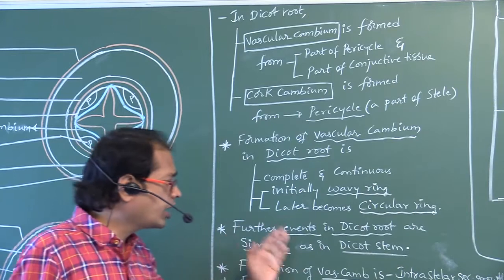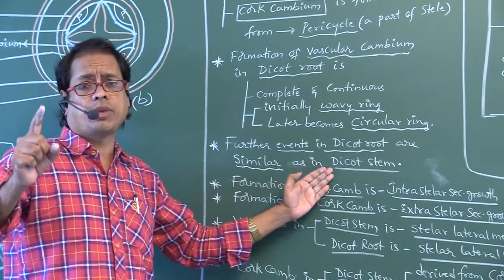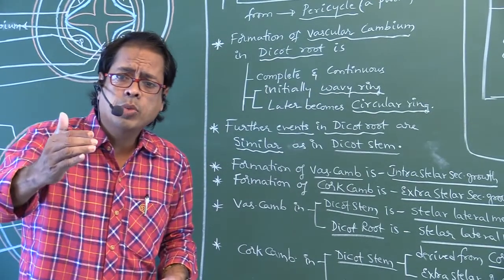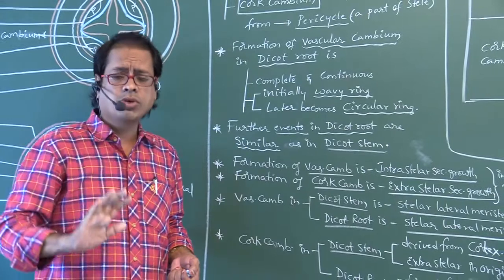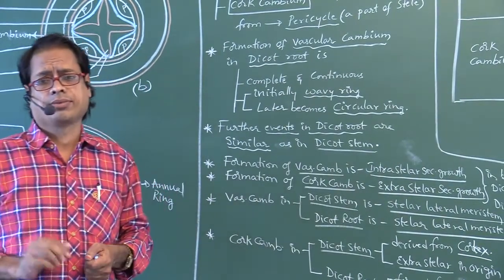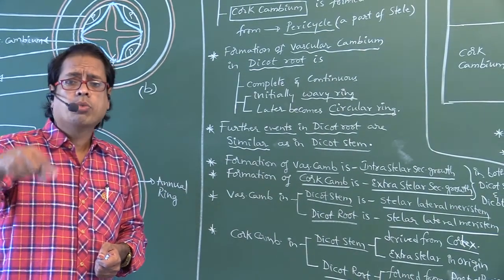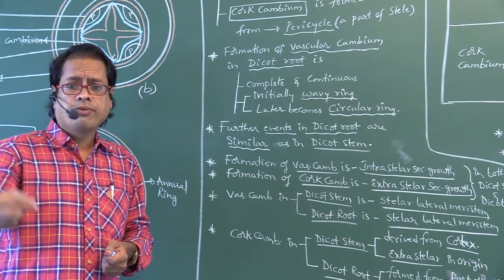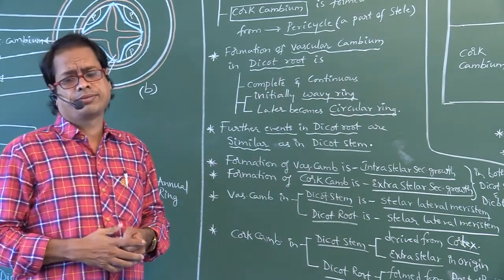Next, further events in dicot root are similar to dicot stem. That is, vascular cambium produces secondary phloem towards outer side, secondary xylem towards inner side, same as in both dicot stem and dicot root. From the pericycle in dicot root, phellem is produced towards outer side, phelloderm towards inner side.